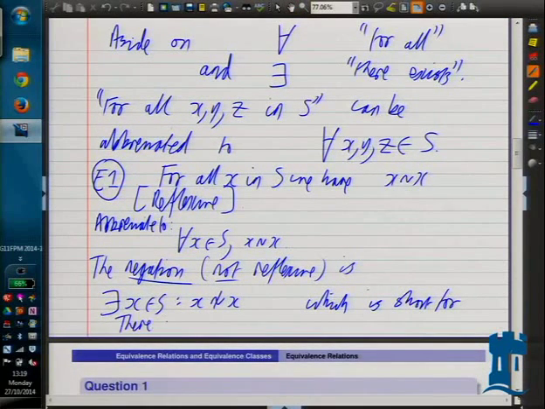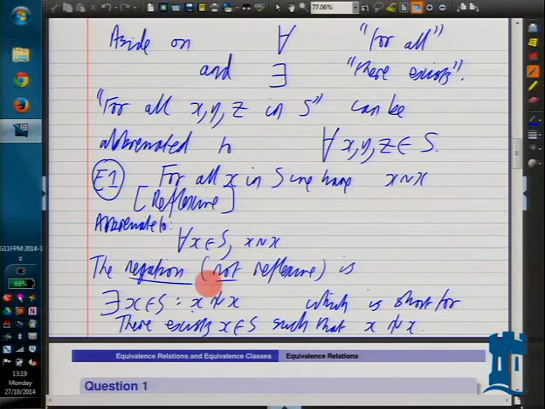There exists an x in S such that x is not related to x. Put a line through the relation symbol. So that's quite a short way of writing it.